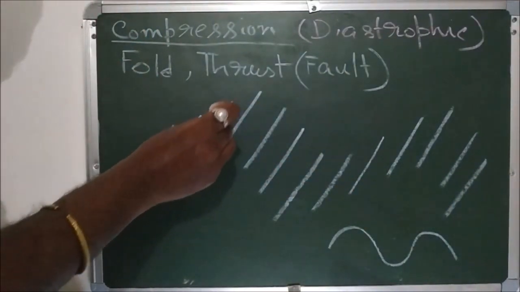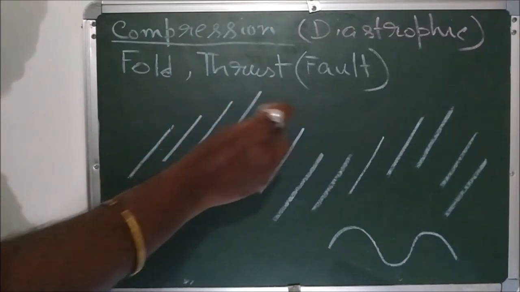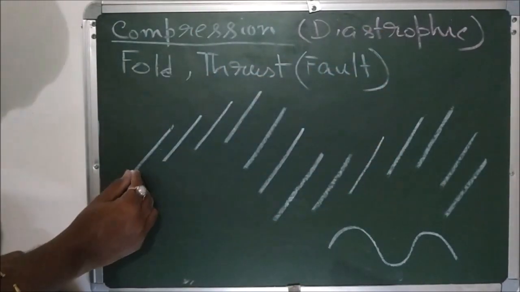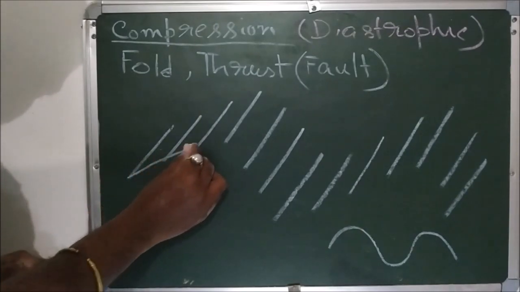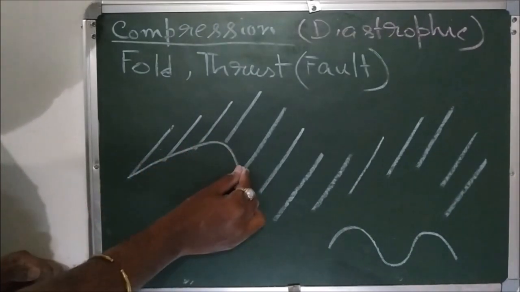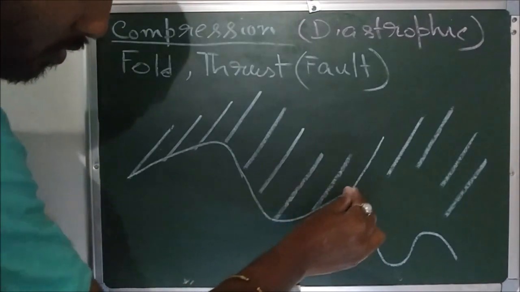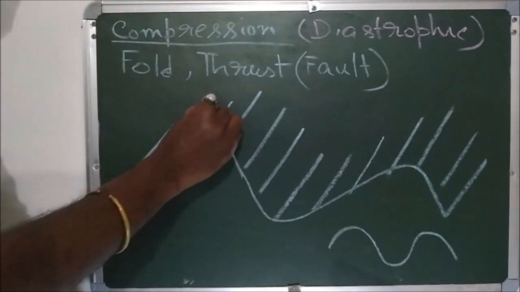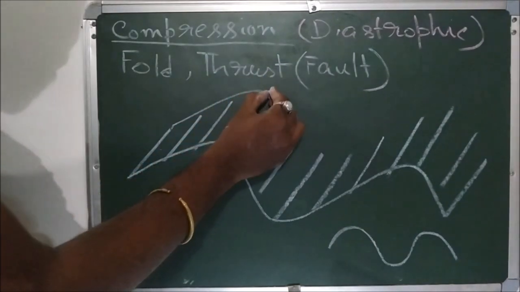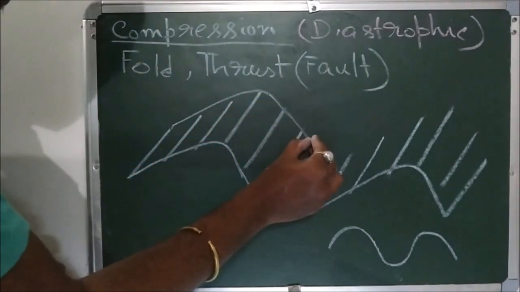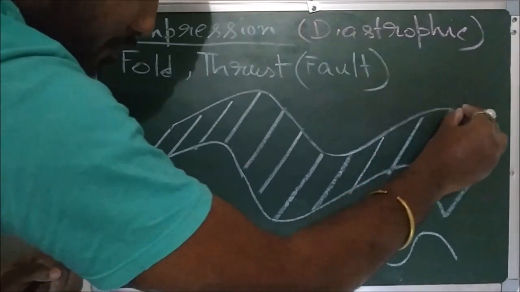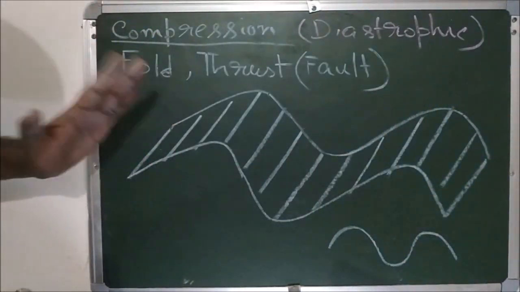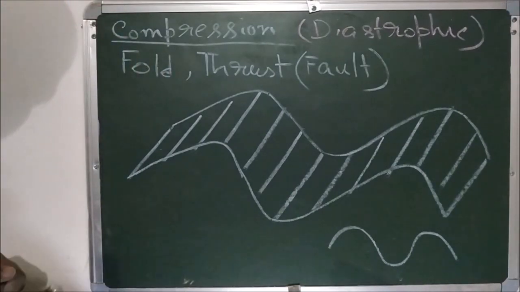This line here, it is also parallel. If we move in such a way and connect the locus of that line, what is this? In 3D it is a folded terrain.